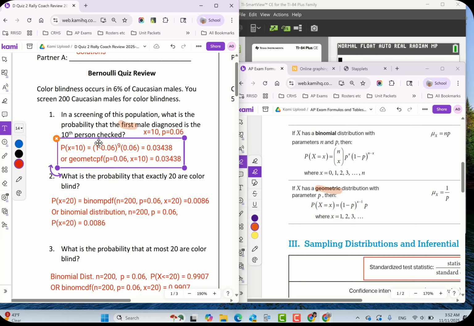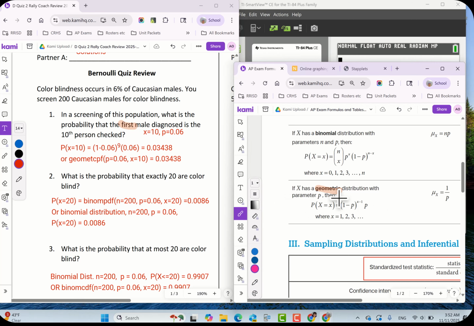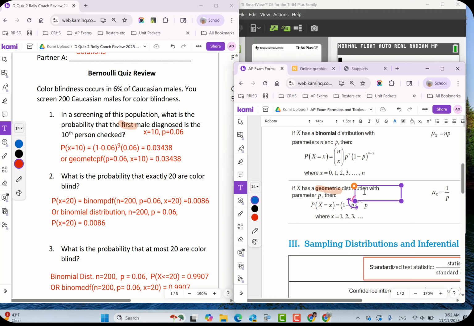And you can basically just do 1 minus 0.06. So where are they doing that? Let's go ahead and show you. So there's the P right there. So that is the 0.06. Let me go ahead and put a 0.06. And so this is going to turn into 1 minus 0.06, which is going to be 0.94.